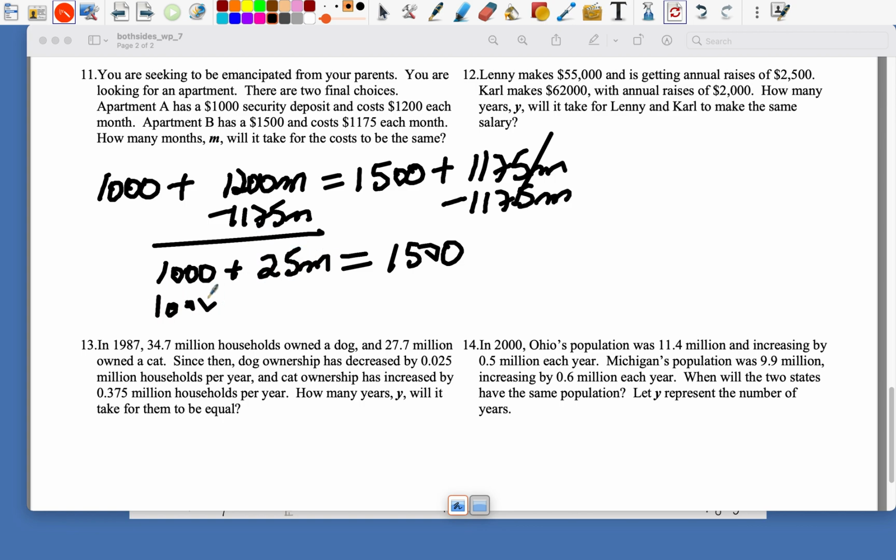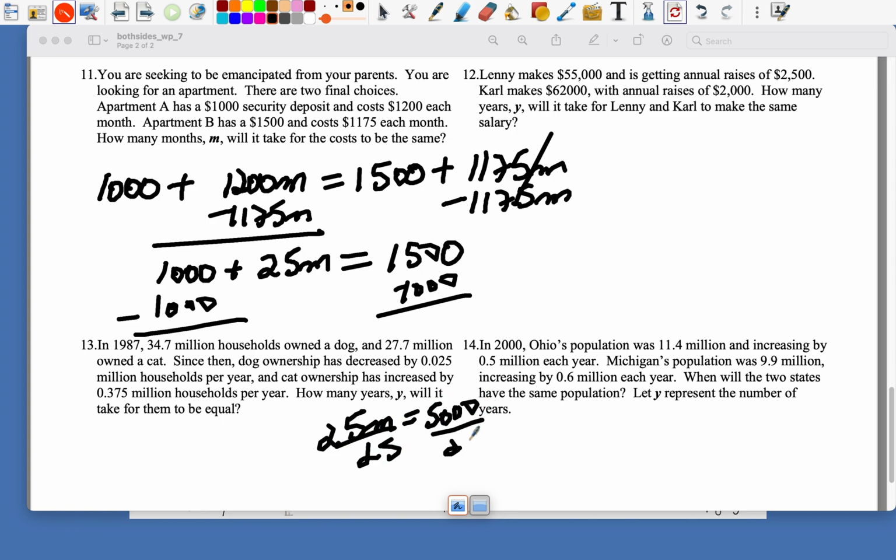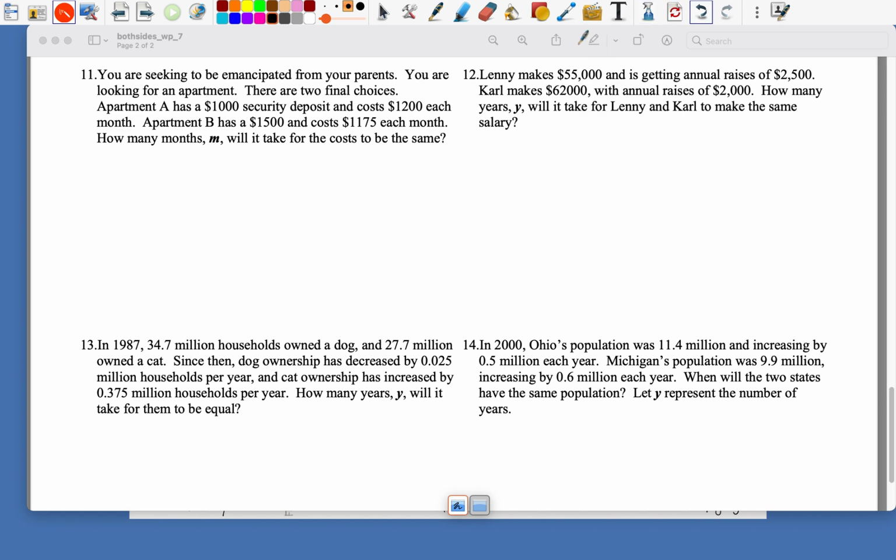Subtract 1,000 from each side, and we're left with 25m equals 500. And divide both sides by 25. M equals, let's see, 500, not 5,000, sorry, that's 500. 20. Okay, so after 20 months, both apartments cost eventually the same price.